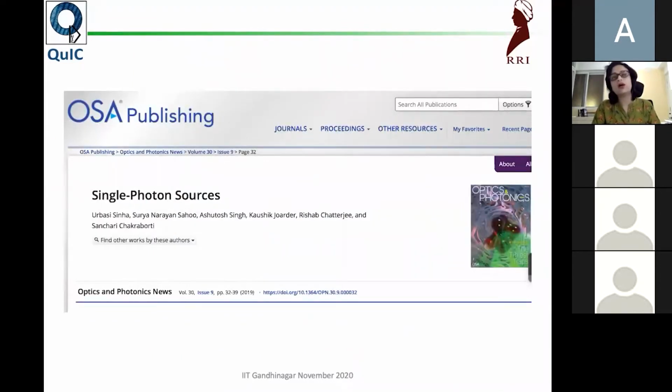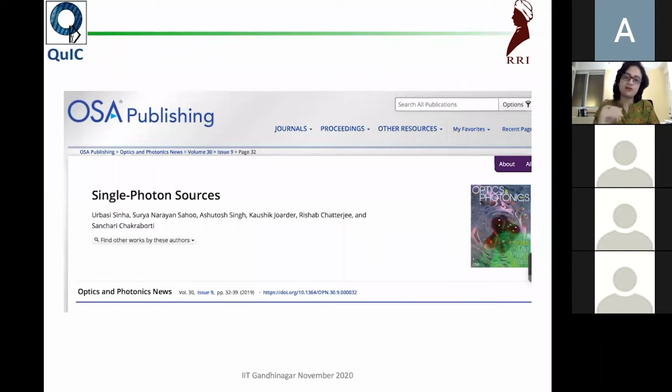What we do is apply different applications of photons, single and entangled photons, to different quantum information applications, whether it's quantum computing, quantum communications, as well as fundamental tests of quantum physics and quantum optics themselves. There is a plethora of activities going on in our lab.